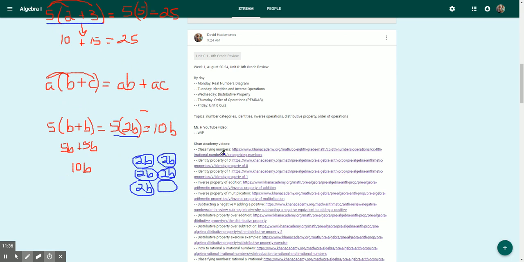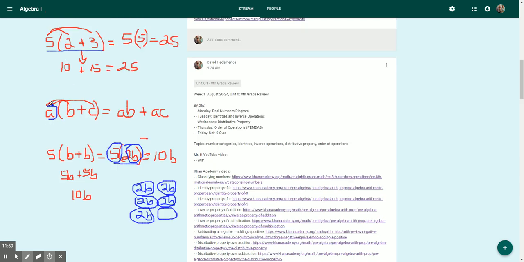That means we've got 10 B's. 2, 4, 6, 8, 10 B's. Okay, so that's all the distributive property is doing, is saying this many groups of this stuff. A groups of B plus C. 5 groups of 2 plus 3.